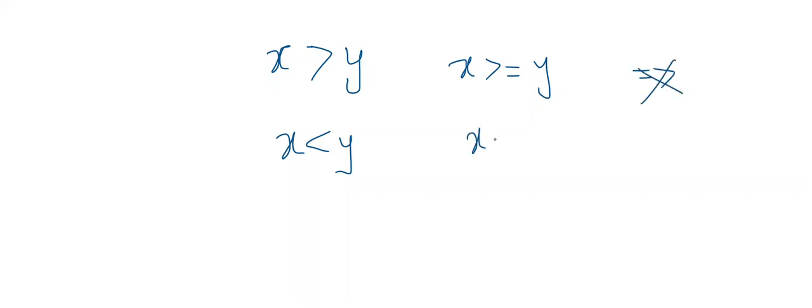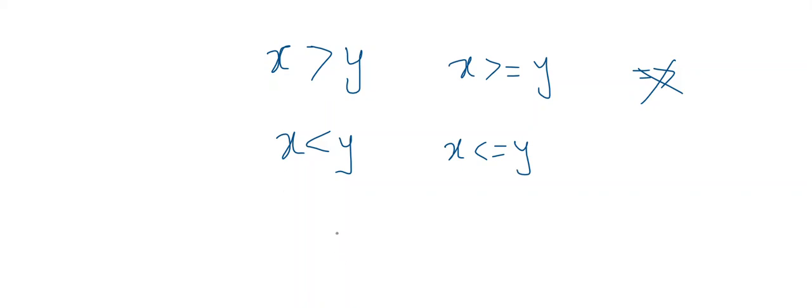If I want to compare whether x is less than y, I will use the less than symbol. If I want to check whether x is greater than or equal to y, I will use the greater than or equal to symbol. We don't have this symbol, so don't use that. If I want to use less than or equal to, let me draw that again. So if I want to check x is less than or equal to y, I will use this symbol.